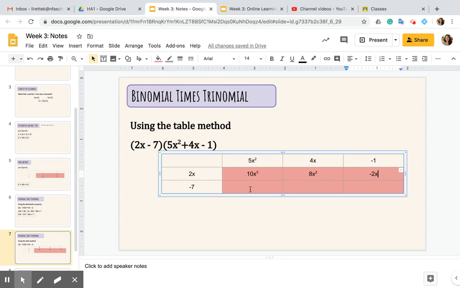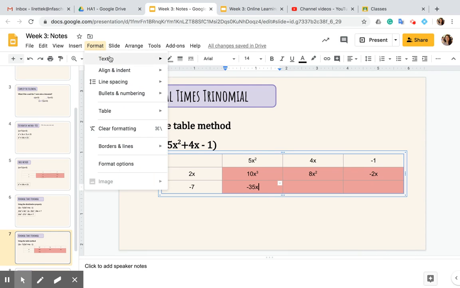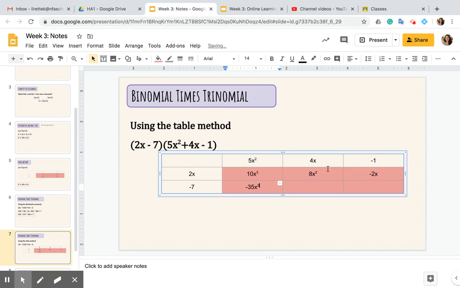Now I'm going to move to row 2. Row 2 times column 1, that's going to give me -35x squared. Row 2, column 2, -28x. Row 2, column 3, +7. The two negatives cancel.